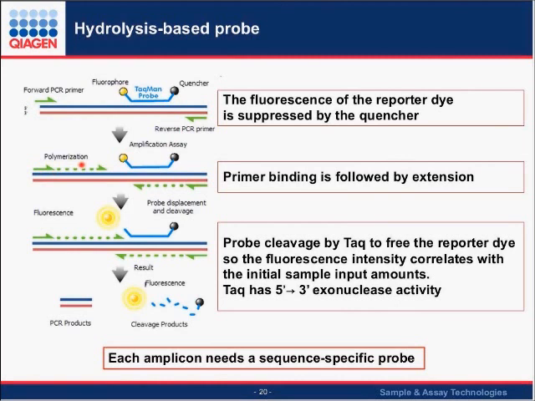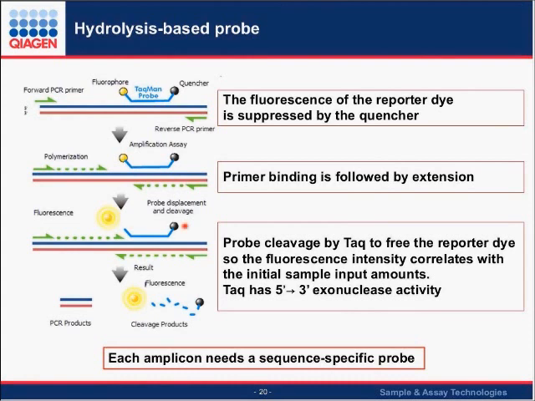So as the polymerization takes place, you bind, you extend the molecule, and as this gets closer to where the probe has been laid down on the molecule, once it gets there, the newly made DNA and the polymerase will actually knock the probe off. And when the probe is displaced, the fluorophore is cleaved from the probe, and it enters the solution.